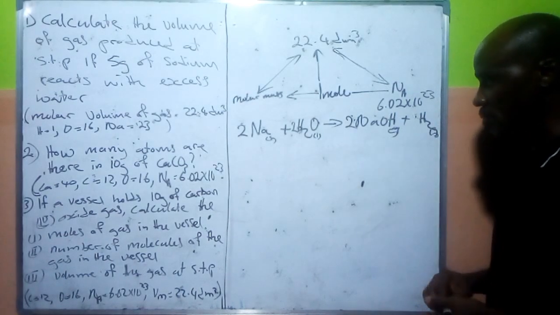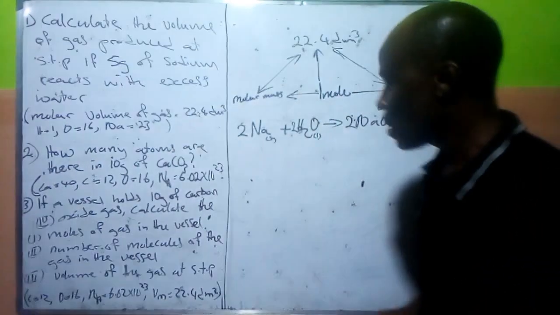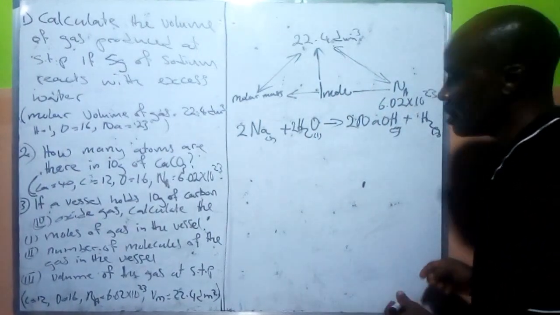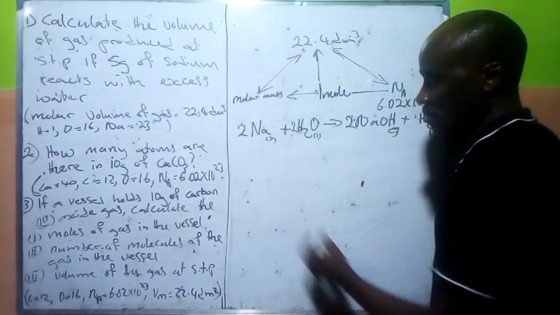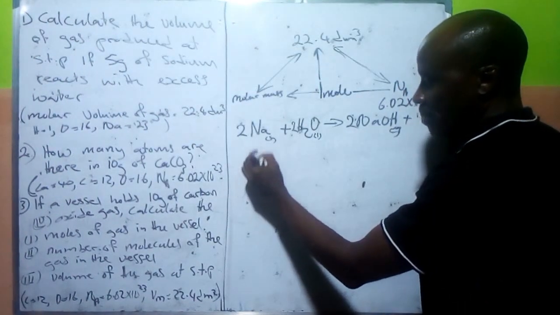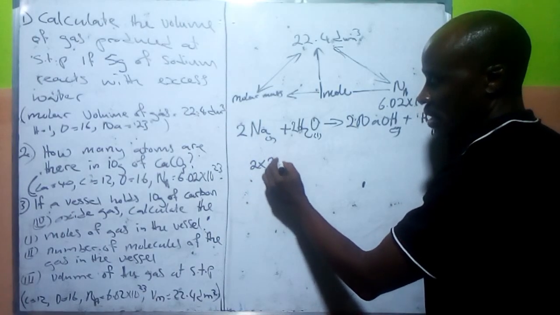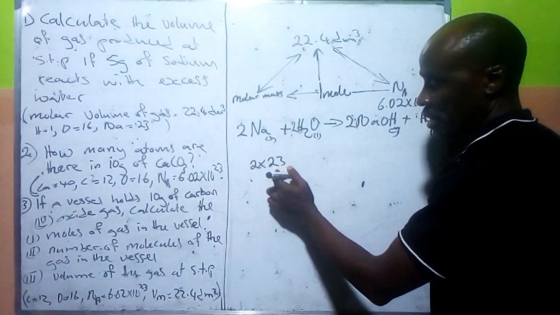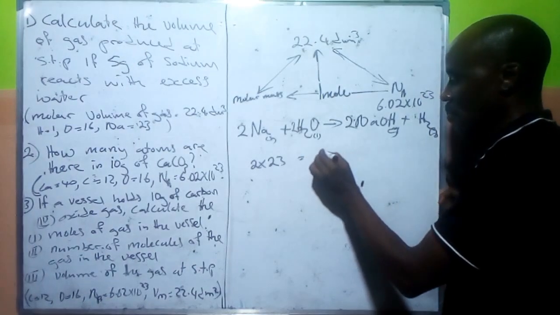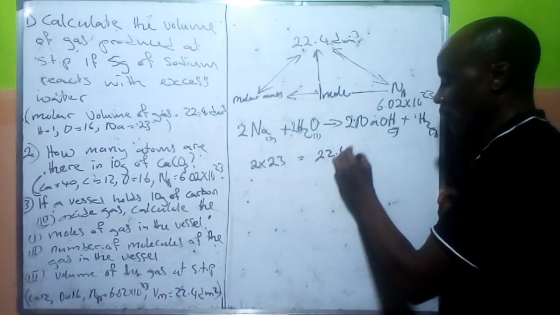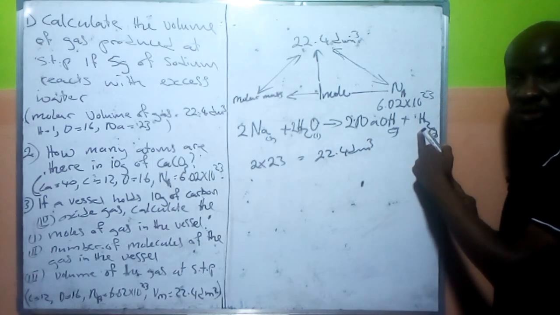Because we are looking at it at STP, and the mass is given to us, remember that sodium is 23. 2 times 23 of sodium will give us 22.4 dm cube of the gas, which is hydrogen.